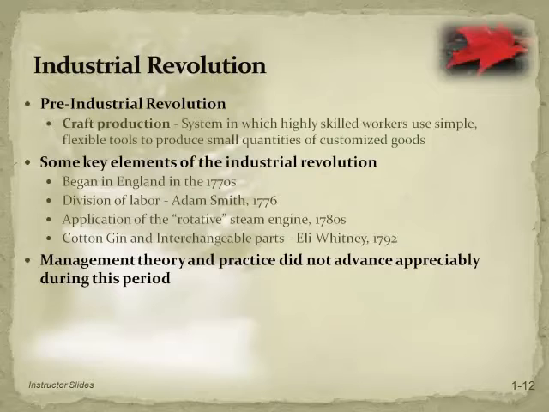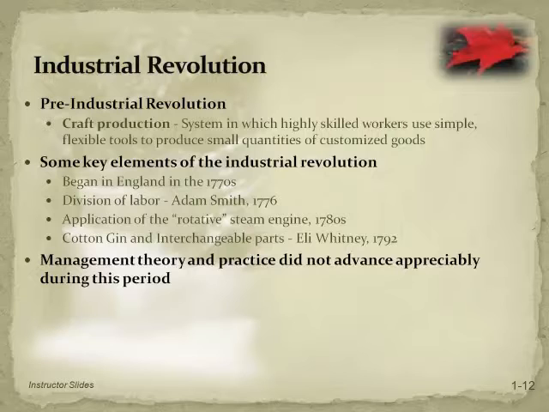So prior to the Industrial Revolution, which was an 18th century activity that began, the production of goods was typically a craft in which very skilled workers, who in many cases had to start as apprentices, were able to build the product from start to finish. They took a great deal of pride in their work. Production was quite small at that time as far as volume was concerned, okay, and things were not quite as complex.